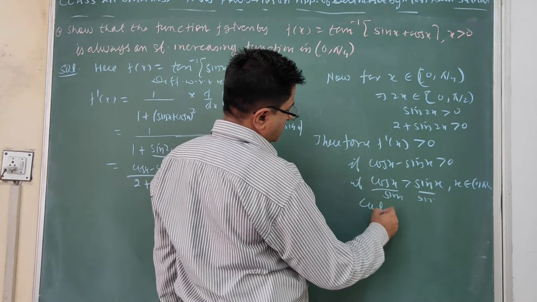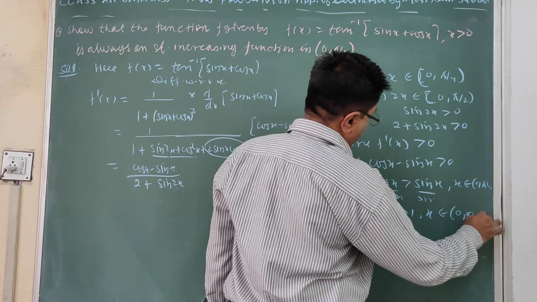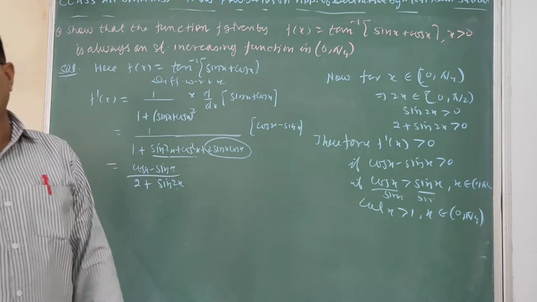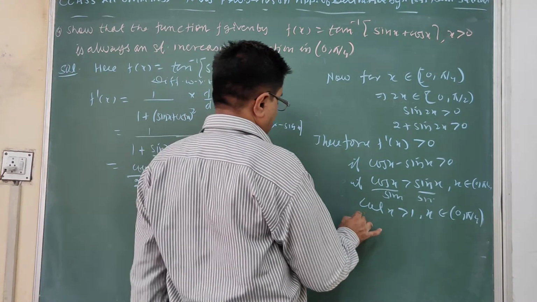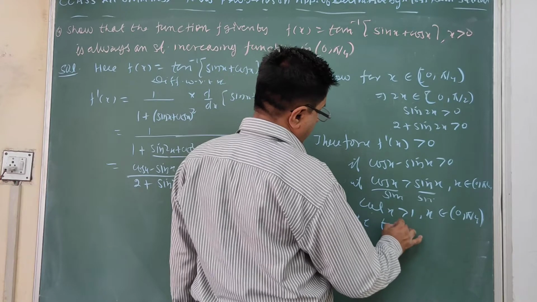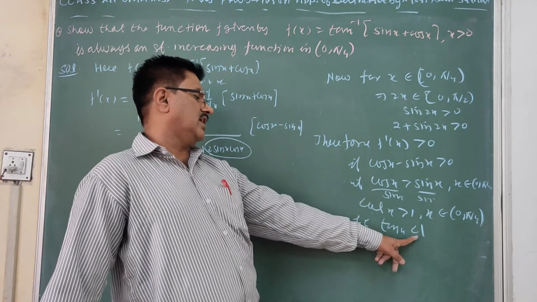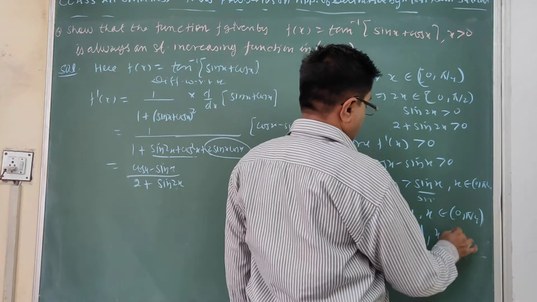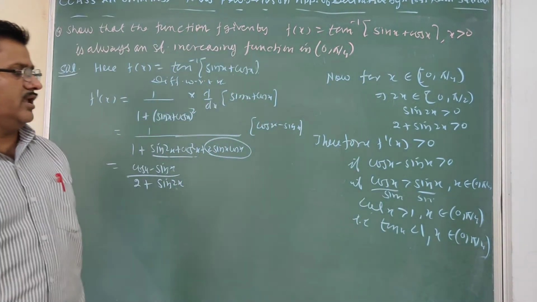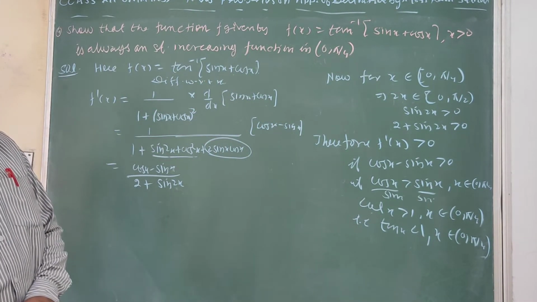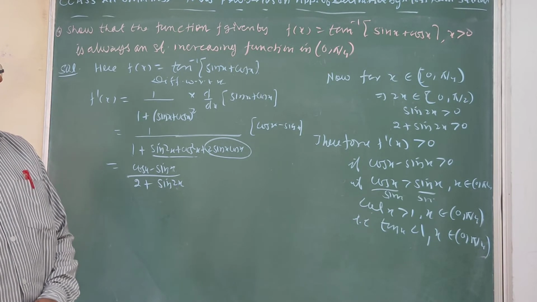So this is cot x greater than 1. You already know in the first quadrant cot x is positive and greater than 1. Clear? Or if you do not have the value for this, then you can write tan x less than 1. Cot x is greater than 1, then tan x is less than 1, which is true. And in the first quadrant, the value of tan is always less than 1, because tan 0 is 0 and the value of tan pi by 4 is 1.